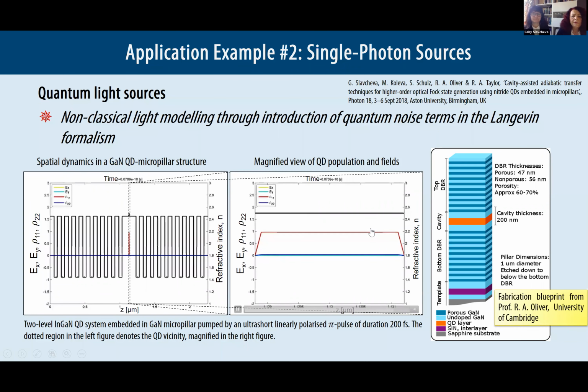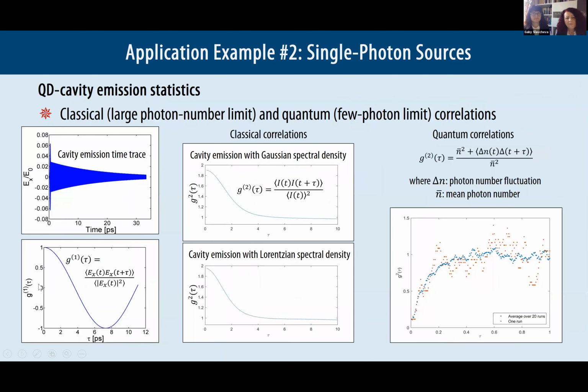We calculated the cavity emission time trace out of this structure and calculated the correlation functions of the emitted field, the G1 function or the two-time correlation function, as well as the second order coherence.